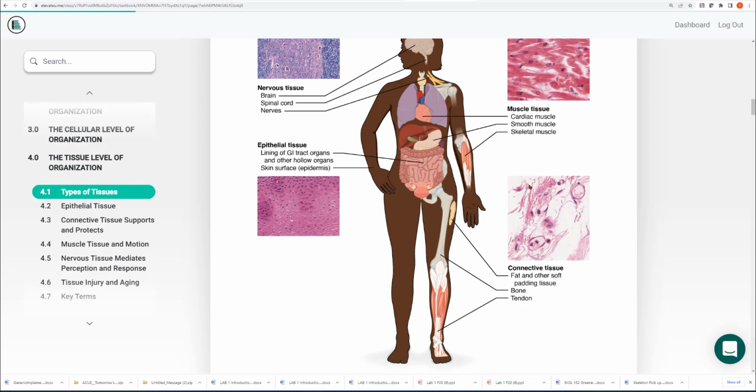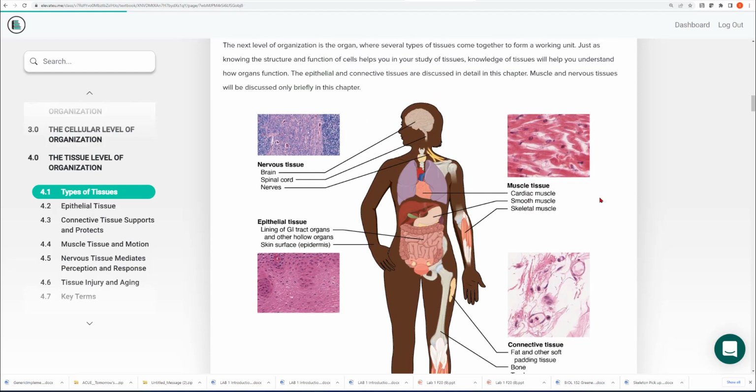So those are all examples of connective tissue. Muscle tissue, I already mentioned the three types: cardiac, smooth, and skeletal. And then finally, there is nervous tissue. This tissue is found throughout your body, but there's a very large concentration of it within your brain and spinal cord.